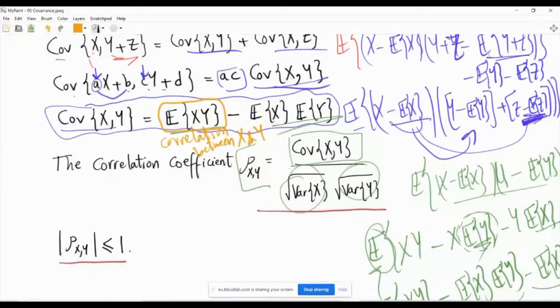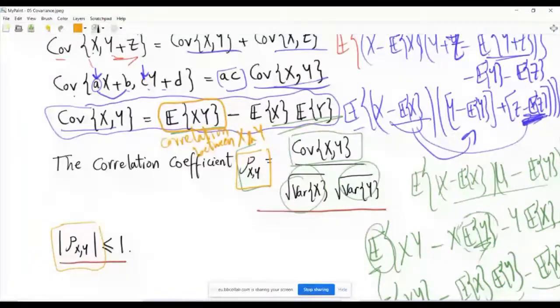By doing this division, you get a quantity that is normalized. If the two random variables are uncorrelated, their covariance is 0, and the correlation coefficient will be 0. If the covariance is positive, the correlation coefficient will be positive. If the covariance is negative, the correlation coefficient will be negative.